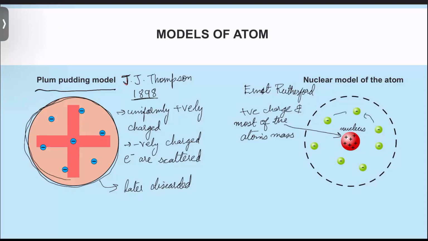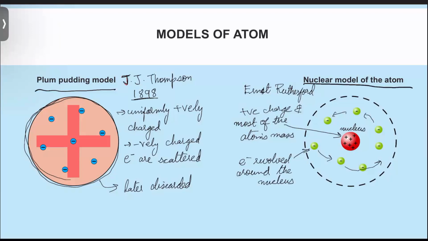He also suggested that electrons revolve around the nucleus, like how planets revolve around the sun. This was the nuclear model of the atom given by Rutherford.